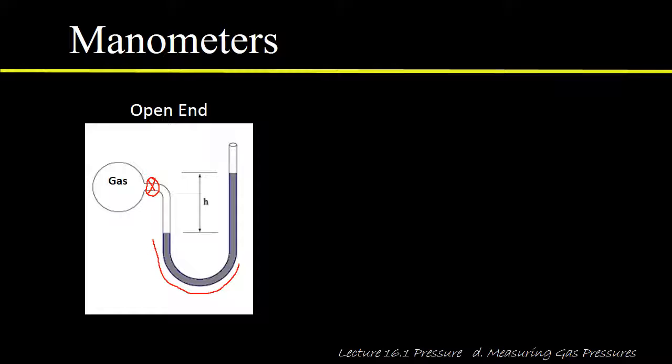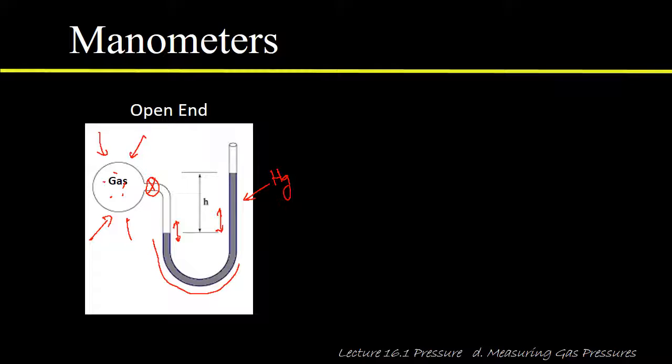So you can take your gas sample, connect it to the U-tube and open the little valve, and when you open the valve, this column of mercury will move up and down depending on the pressure of the gas in this sample.